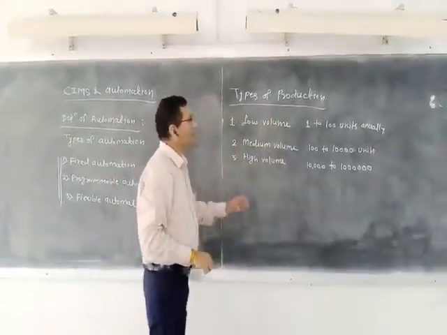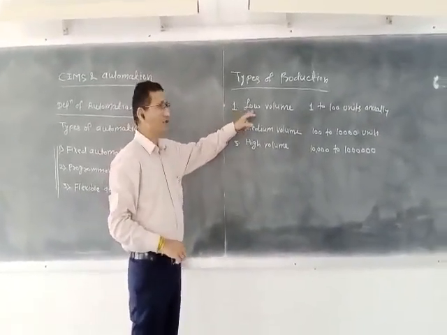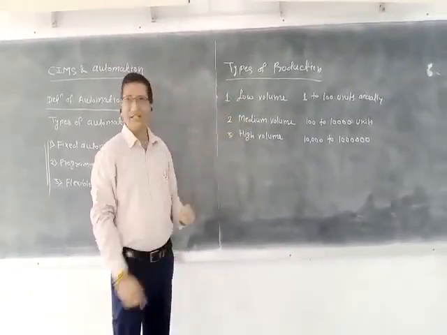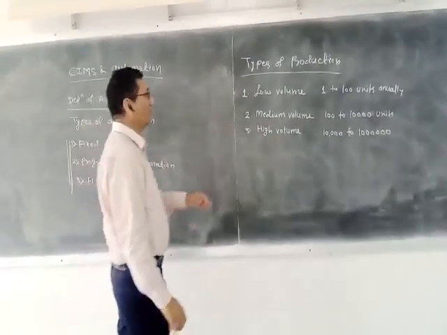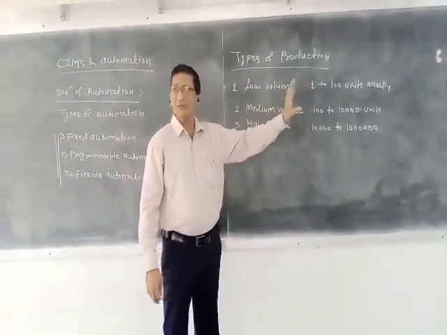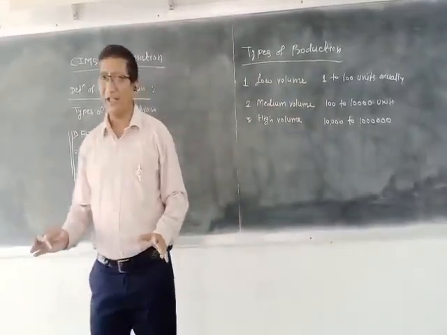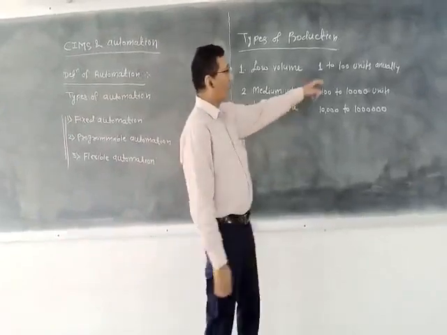So these are the three distinct types of production system: low volume, medium volume and high volume. If you are using low volume production, the number of units to be produced may be 1 to 100 annually, so it is not necessary to produce a large quantity of the product.